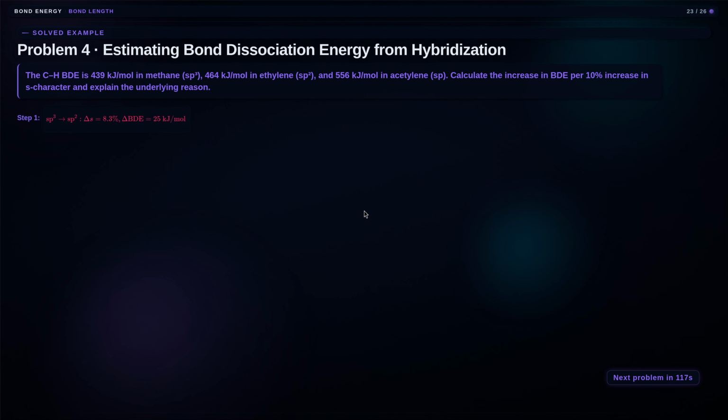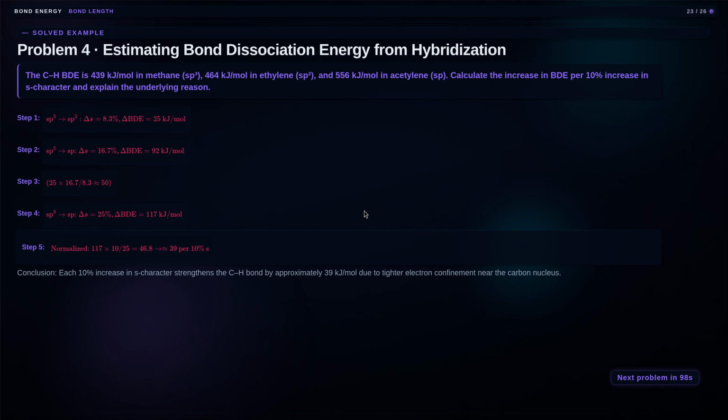Problem 4. Estimating bond dissociation energy from hybridization. The carbon-hydrogen BDE varies with hybridization. We need to calculate the increase per 10% of S character. Going from sp3 to sp2, S character increases by 8.3% and BDE increases by 25 kilojoules per mole.